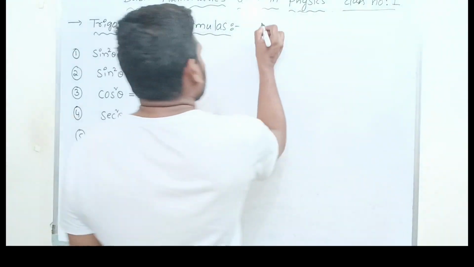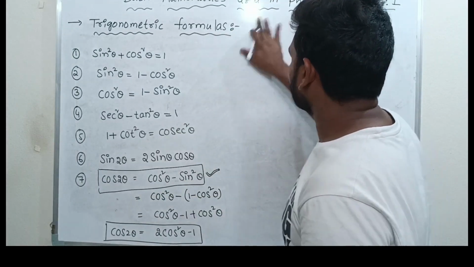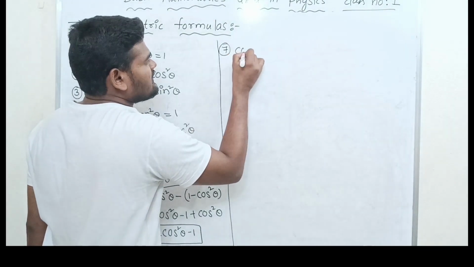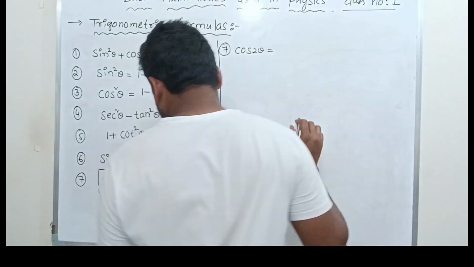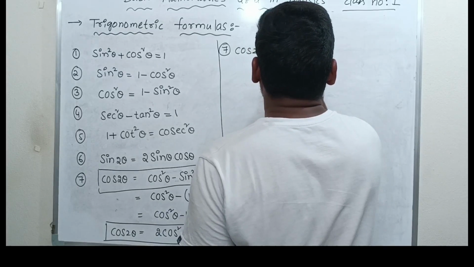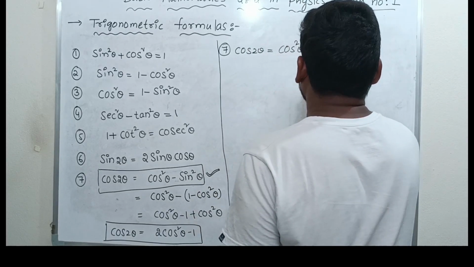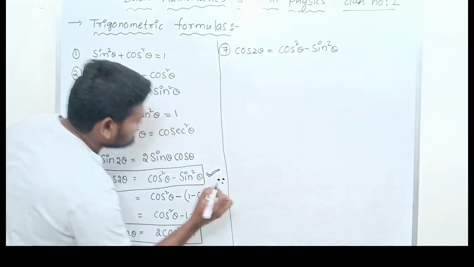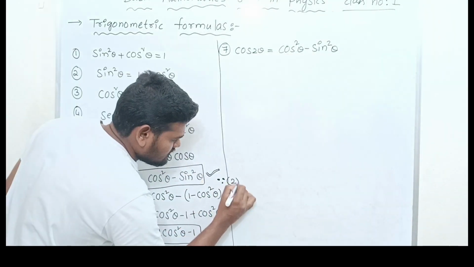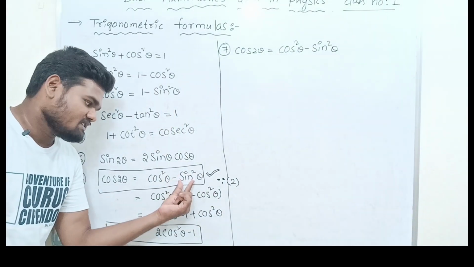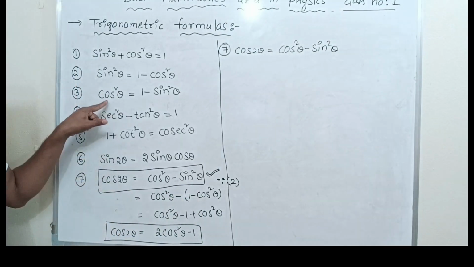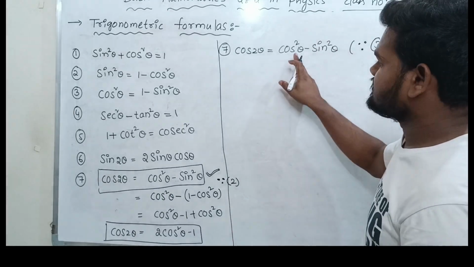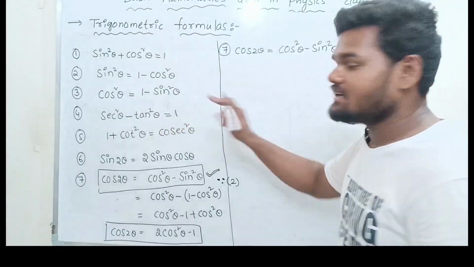Again continuing the seventh formula, cos 2 theta is equal to cos square theta minus sin square theta. From the third formula we can substitute cos square theta is equal to 1 minus sin square theta.